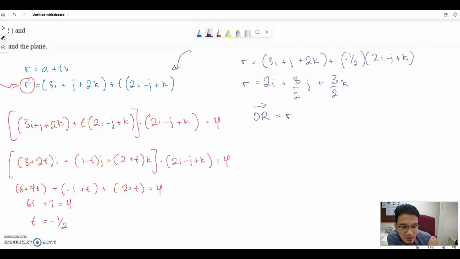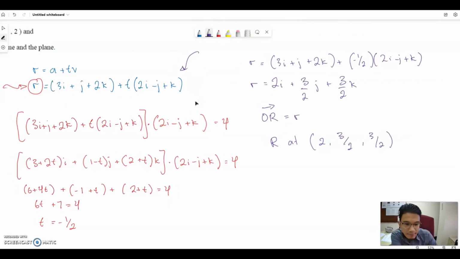We can say that the position of point r is at coordinate (2, 3 over 2, 3 over 2). So this is the point of intersection between the line and the plane.